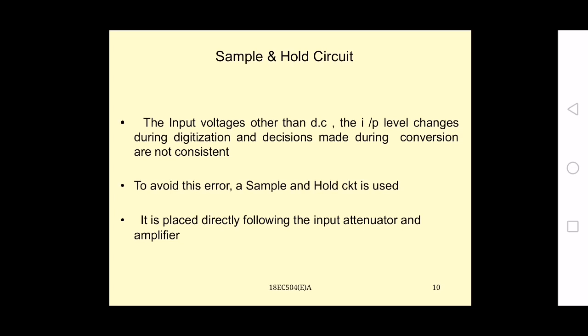That is the advantage of the sample and hold circuit. So to avoid this error, we go for the sample and hold circuit. In sample mode, the switch is closed and the capacitor charges to the input voltage, and when the switch is opened, that is in the hold mode, the capacitor holds the corresponding voltage of the input voltage.